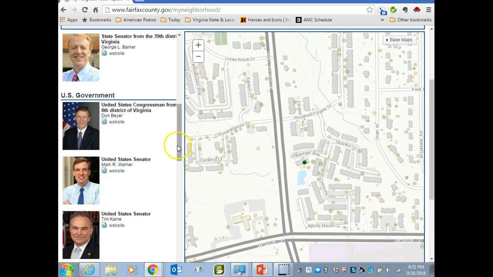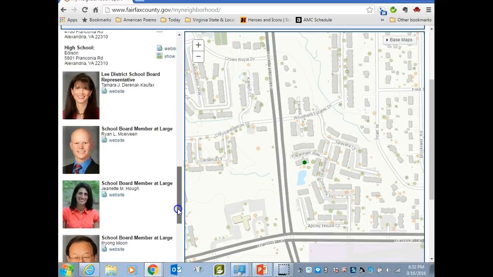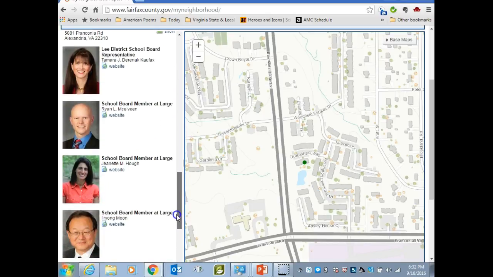I forgot your all-important school board member. And you'll see you're actually represented by 4 school board members. 3 are elected at large, meaning they're elected from the entire county. And 1 person represents just the district wherein you reside.